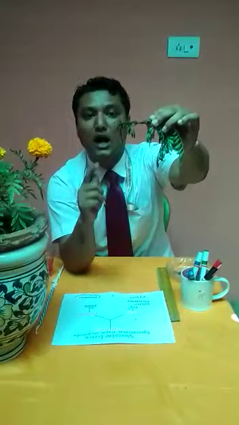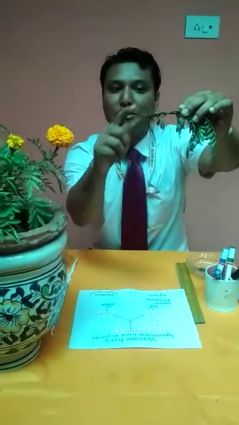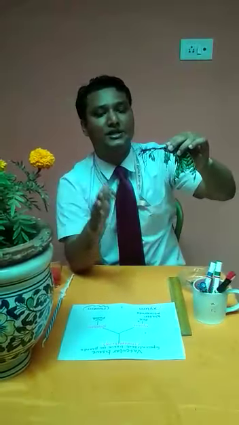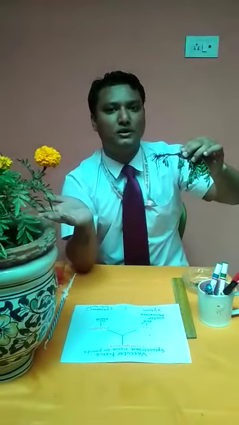Now, the roots of plants are in direct contact with the soil. If you look at these roots minutely, you will see there are root hairs present on the roots. These root hairs are in direct contact with soil, so with water.